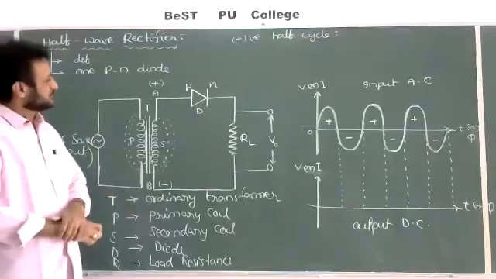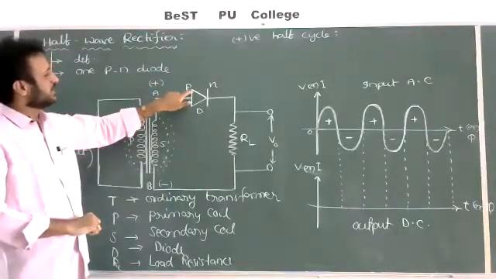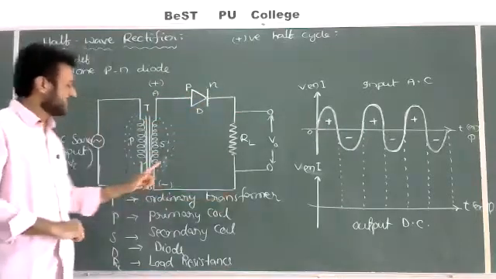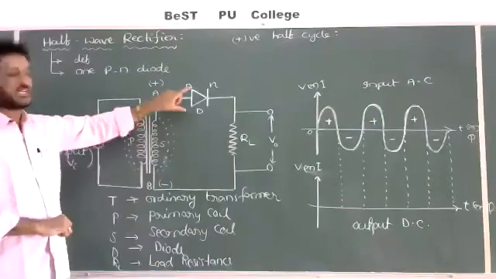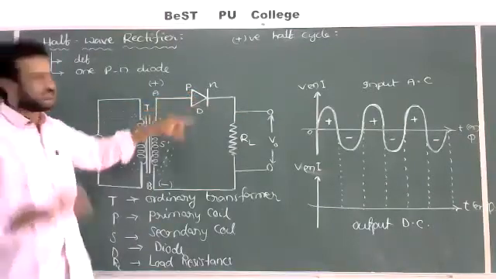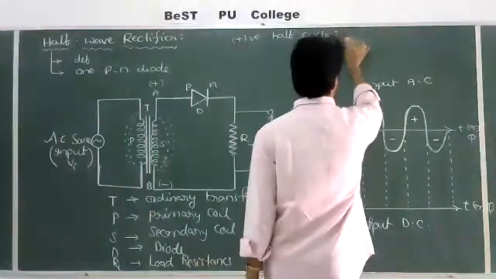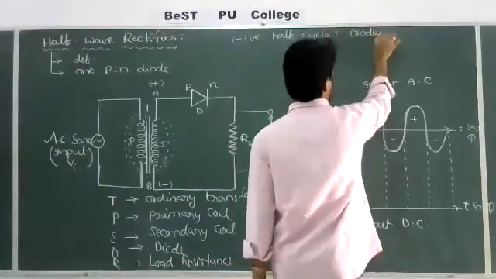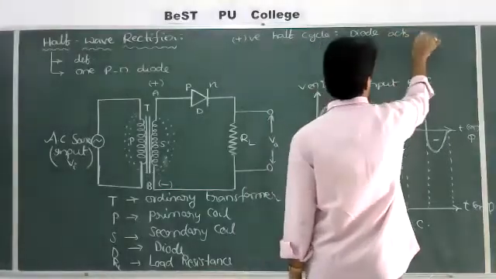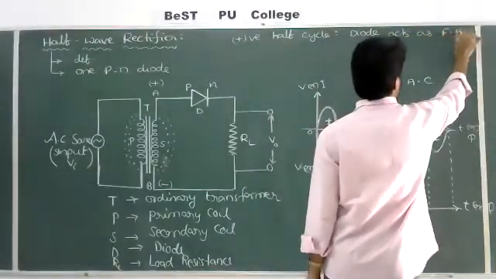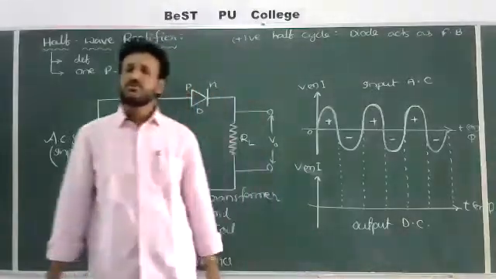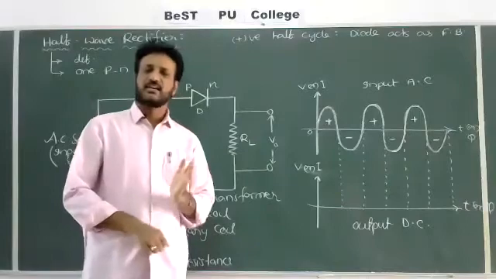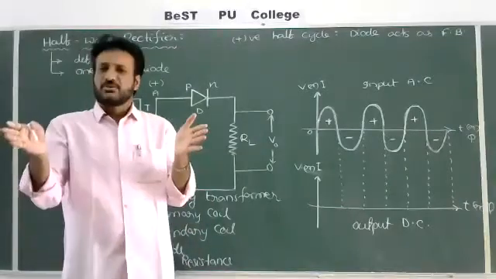Now check here. The P-type semiconductor of the diode is connected to the positive terminal, and the N-type semiconductor is connected to the negative terminal, so how will the diode behave? Forward bias. So during the first half of the cycle, the PN junction diode acts as forward biased. In case of forward bias, what will happen? We already discussed in the previous classes: both electrons and holes move towards the junction.